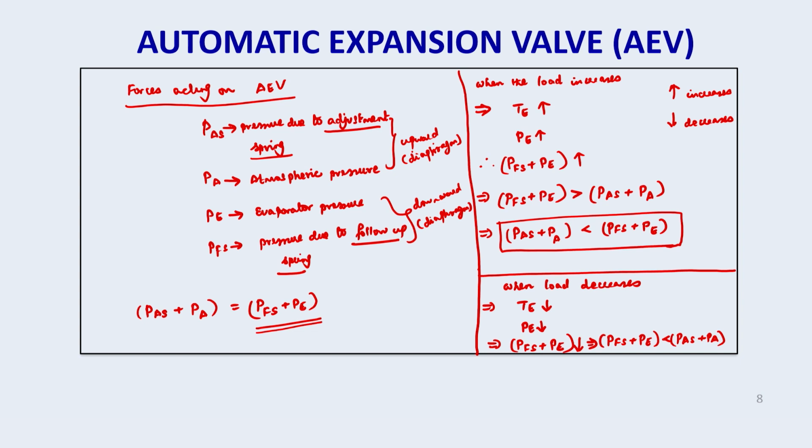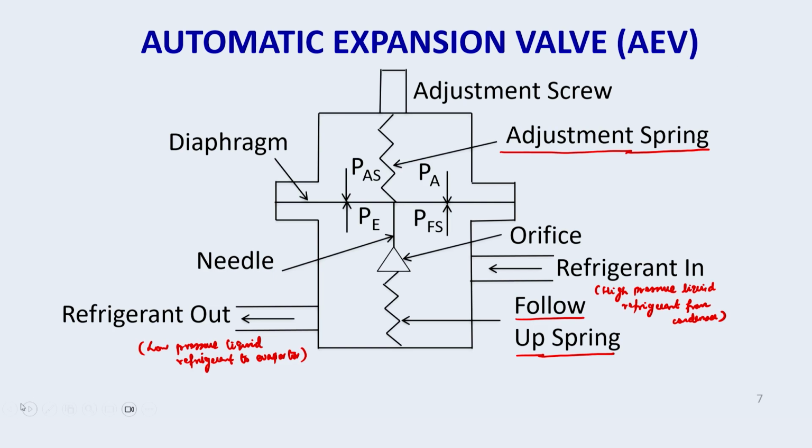So when the refrigeration load is more, the forces acting on the upward portion of the diaphragm, that is PAS and PA, will be less than the other two forces which are acting from the downward direction. Similarly, when the load decreases, the forces acting on the top portion will be more than the forces which are acting in the downward direction.